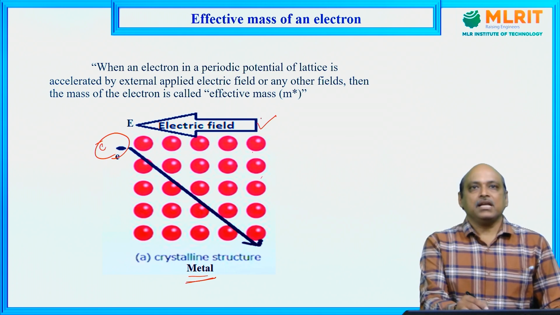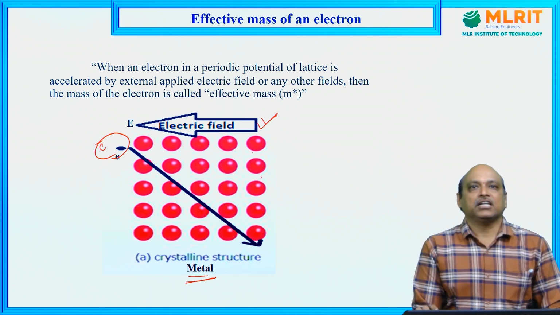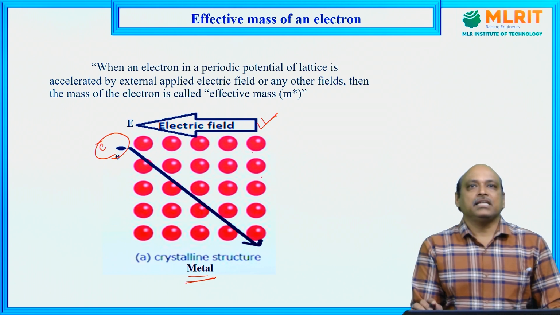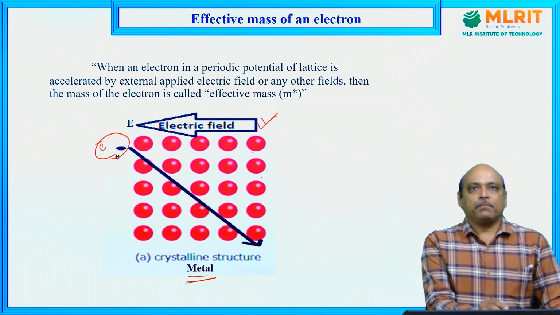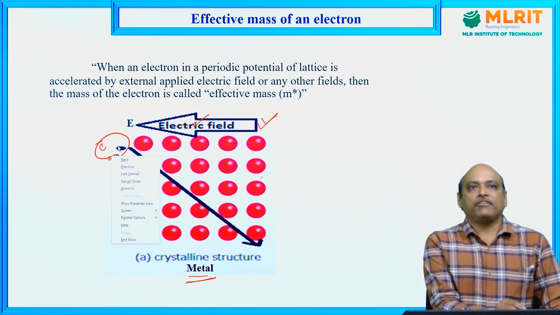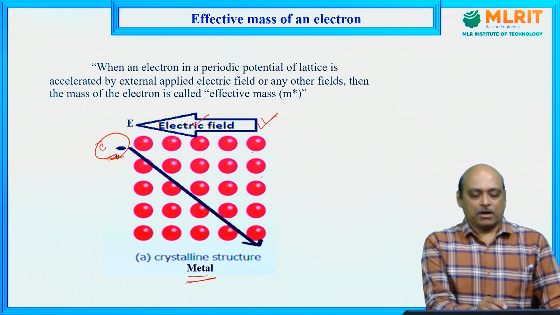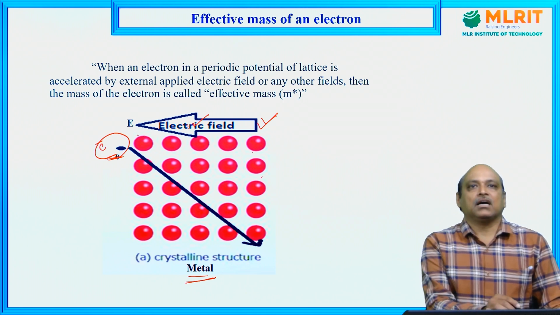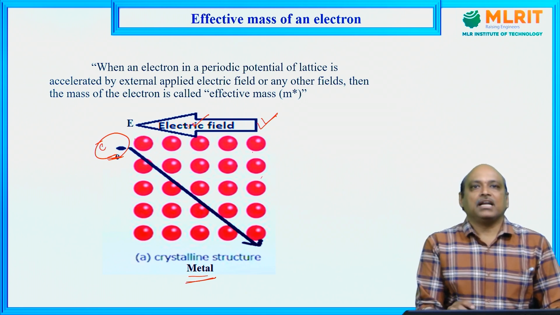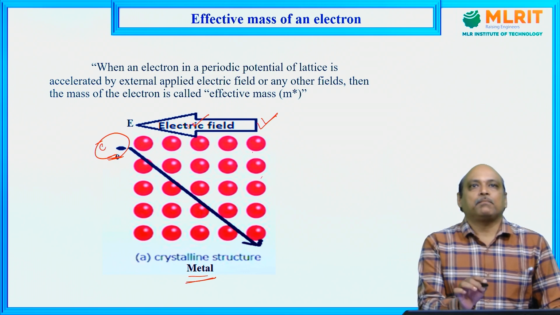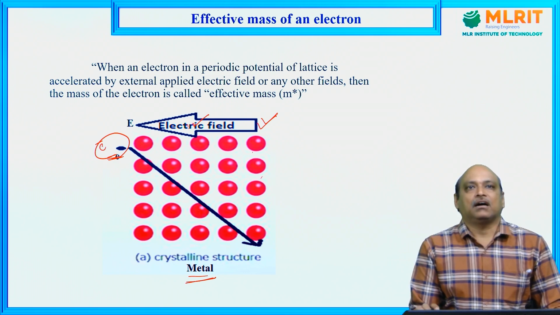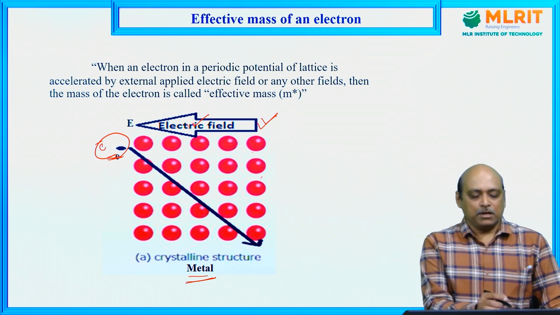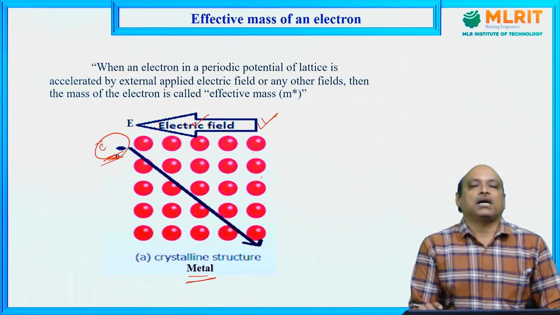When you apply any external field such as an electric field or a magnetic field, then by applying this external field, the entire mass of electron is going to be affected and it starts moving from one place to another. The mass of electron is affected by applying any external electric or magnetic field. Then that mass of electron is called effective mass of electron.